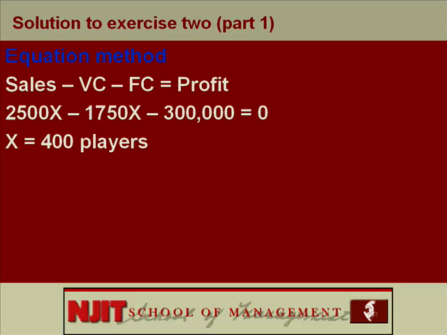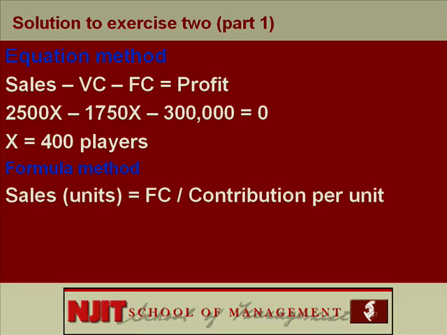Now let's do the formula method. Formula method, you have the formula in front of you. Which one is the best formula? We're talking break-even point, so it's on the left of your formula sheet. And do they want the sales in units or in dollars? It's in units. So it's the top formula on the left in your formula sheet, which is sales in units equals fixed cost over contribution per unit.